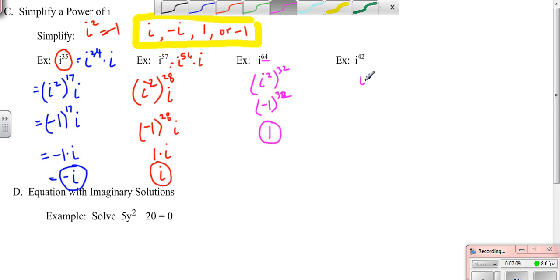In this case, I have i squared to the 21st power, so I have negative 1 to the 21st power, a negative number to an odd power is negative. So that's how you're going to figure out which of these answers is your appropriate one: i, negative i, 1, or negative 1.